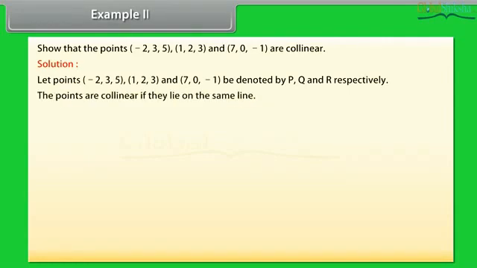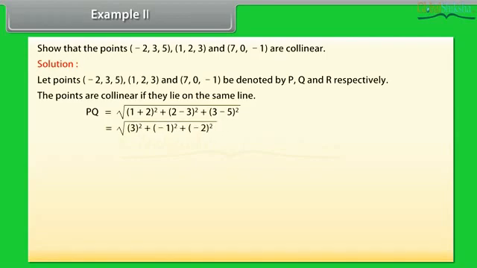The points are collinear if they lie on the same line. PQ is equal to the square root of (1 plus 2) square plus (2 minus 3) square plus (3 minus 5) square. After calculating PQ, we get square root of 14.